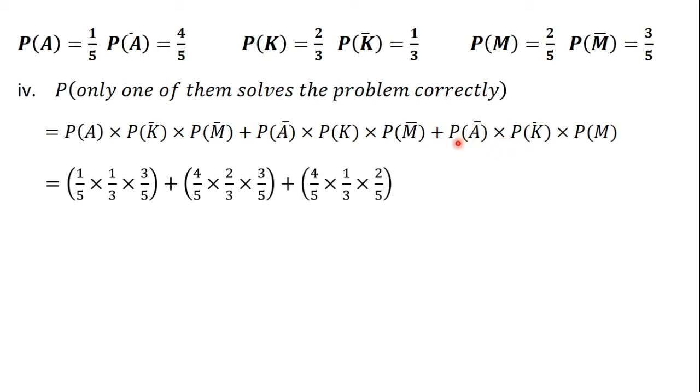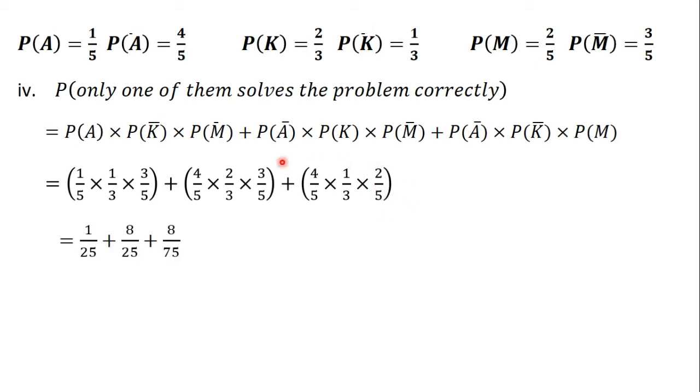P(A complement) is 4 divided by 5. P(K complement) is 1 divided by 3, and P(M) is 2 divided by 5. So for the last case, we have 4 divided by 5 times 1 divided by 3 times 2 divided by 5.